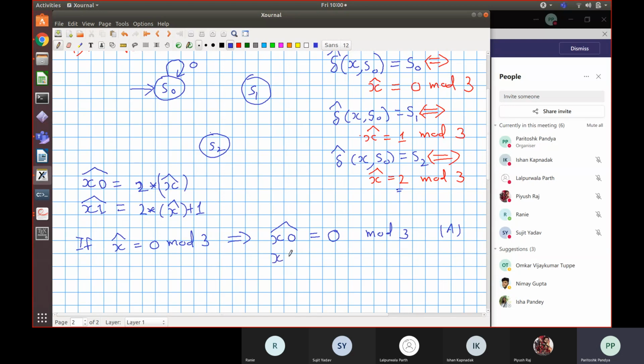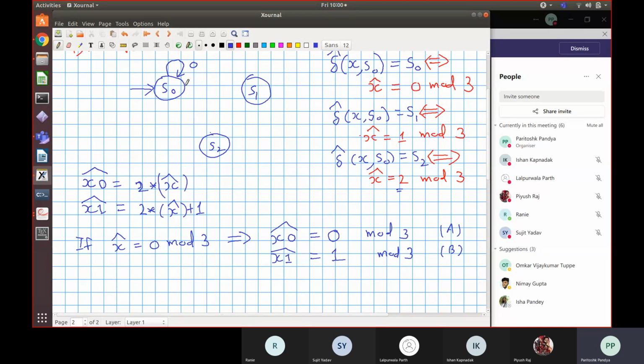And what happens if I have a number X1? What remainder will I get for the number X1, binary number X followed by digit 1? What will be the remainder of that when divided by 3? 1. Any confusion there? This is property B. So what transition should I get?